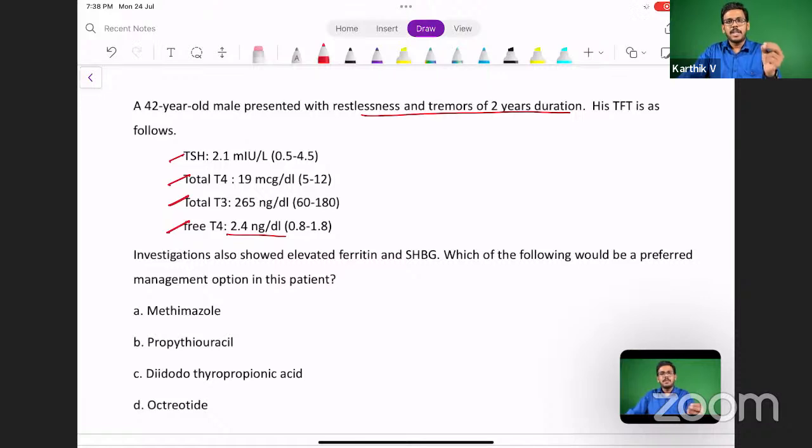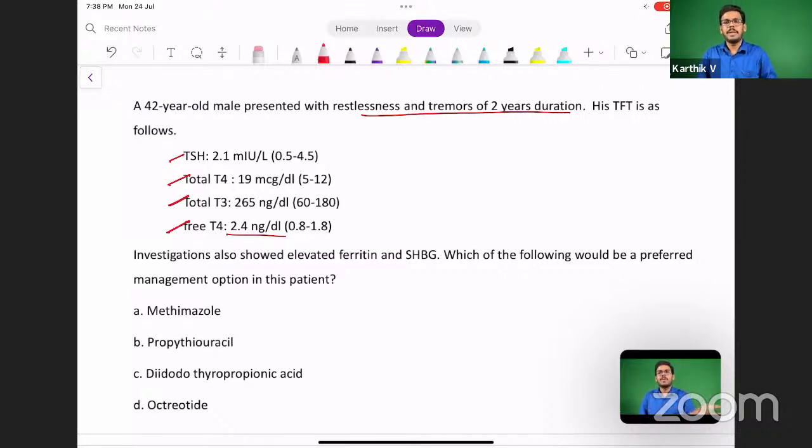That means the nutshell is that when your T4 or T3 becomes even slightly above the upper limit of normal, the TSH would already be suppressed in a patient who is having primary hyperthyroidism, as in Graves' disease or toxic multinodular goiter. So there are situations where the patient would have elevated T3 or T4 with non-suppressed TSH.